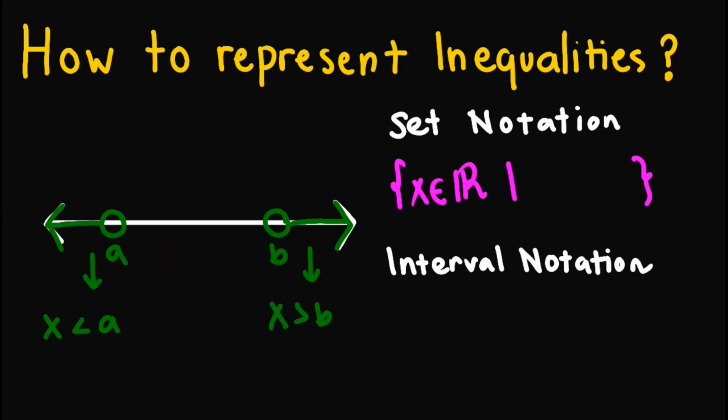So we represent this with or. So we say that we have x is less than A, or x is greater than B. Note that we use or in this case because in sets we use the word or for denoting that x is a union of these two.